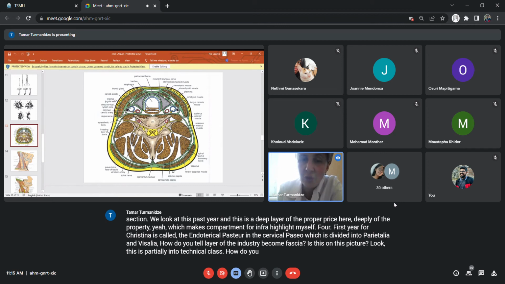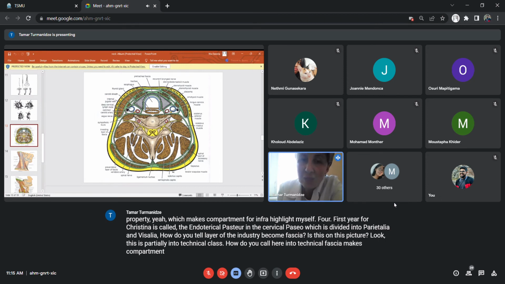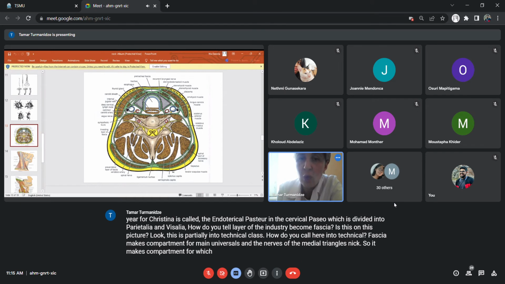The parietal layer of the endocervical fascia makes a compartment for the main vessels and nerves of the medial triangle of the neck. So which vessels and nerves? The common carotid artery, internal jugular vein, and the vagus nerve.